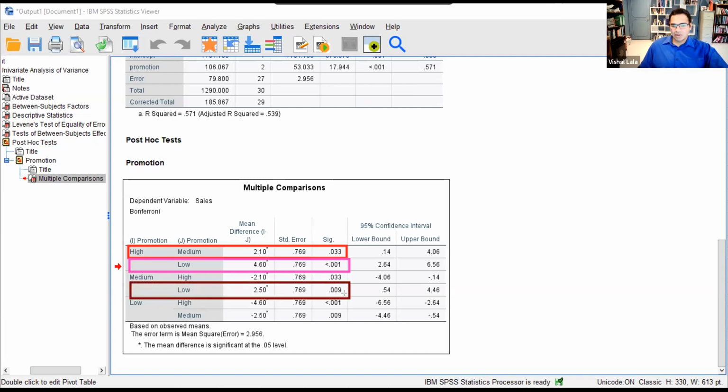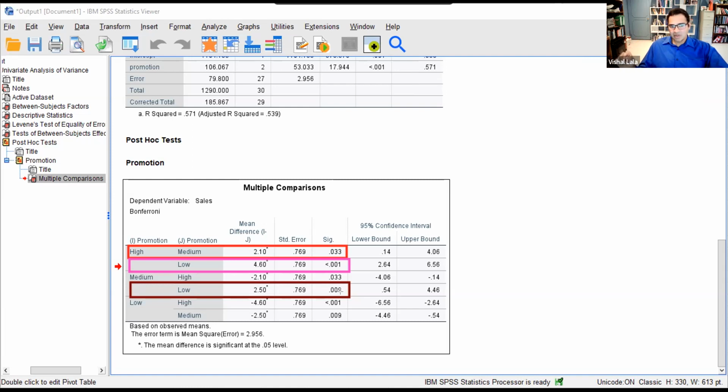Looking at medium versus low, we can tell that they are also different. That is, medium is more than low because you can see the difference is positive 2.5. You can also derive this number from the averages that we looked at before. What's most important here is the p-value indicating that the difference is statistically significant.